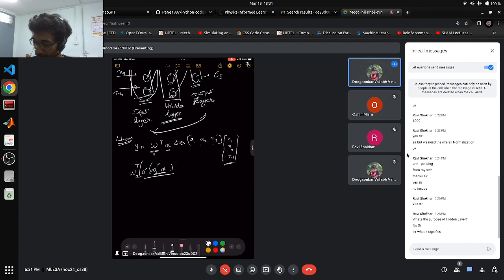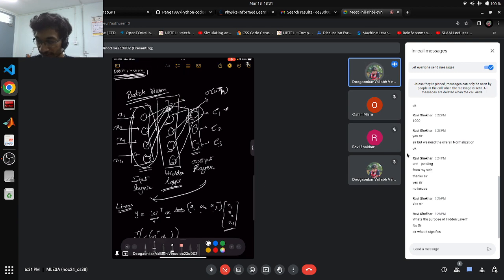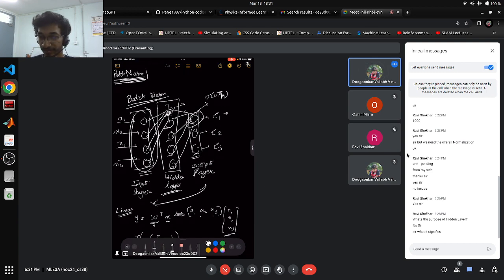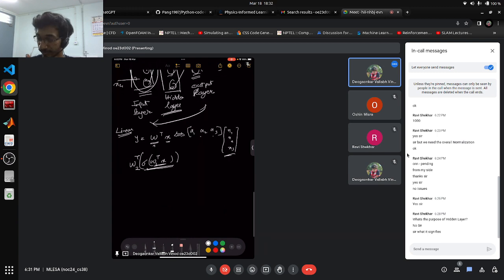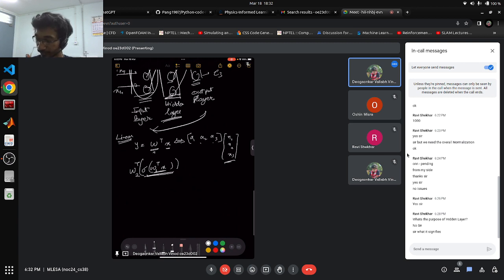This entire thing which came here was the input to the next thing, along with the other neurons' inputs, and on top of that you added a non-linearity.